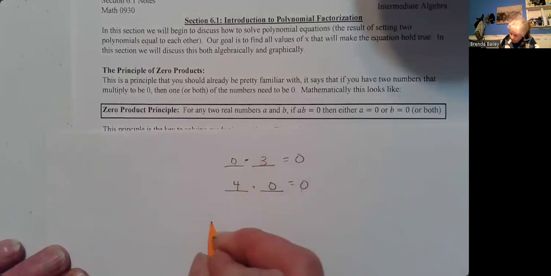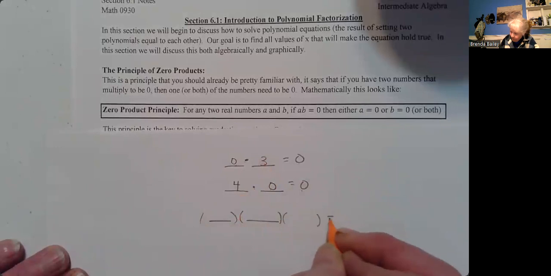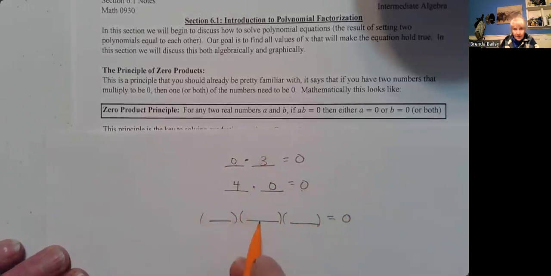Even if you had three numbers, and I'm going to use parentheses for these three numbers, that you were multiplying together and you wanted them to be 0. So here, if the first one is 0 times 5 times 10, you get 0.